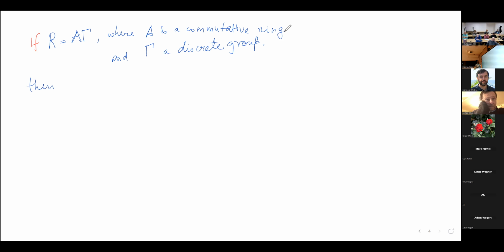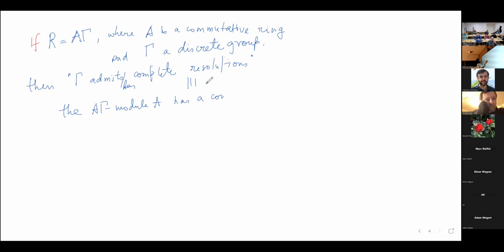Then the term gamma admits, or has, complete resolutions, means that the A gamma module A has a complete resolution over A.